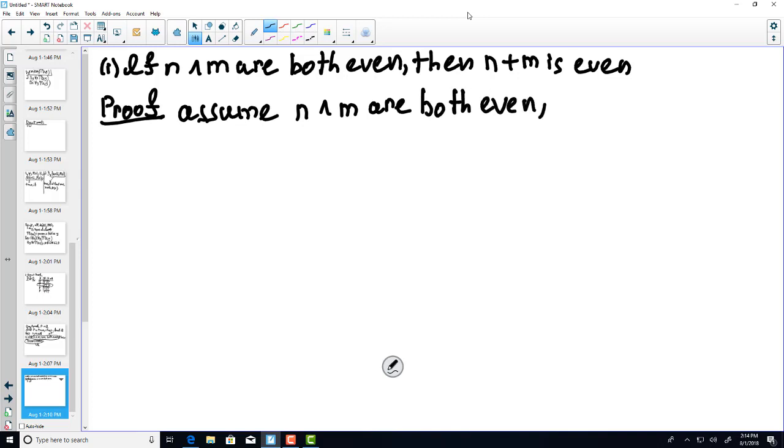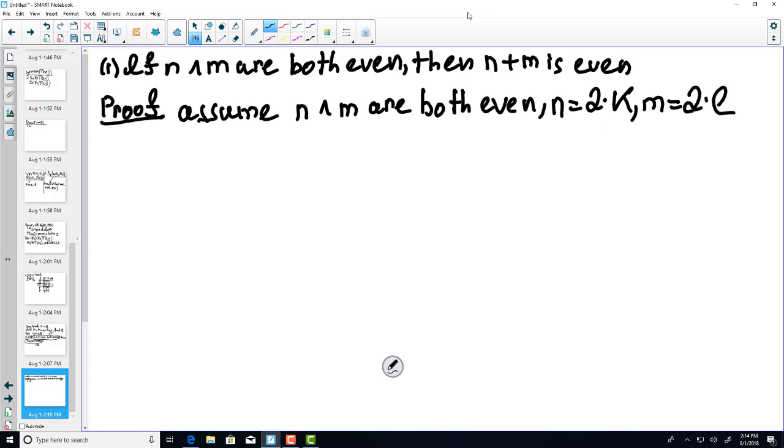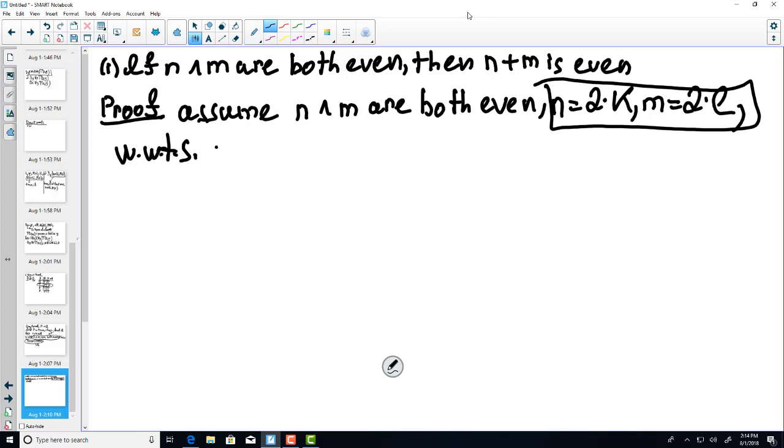Recall that a number is even if we can write it as a multiple of 2. So it means we can write that n is 2 times k and m is 2 times l. We want to show that n plus m is equal to 2 times some number c.